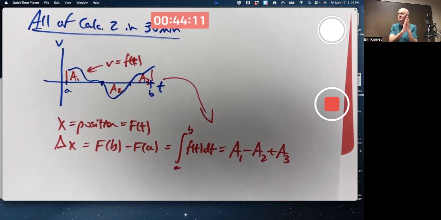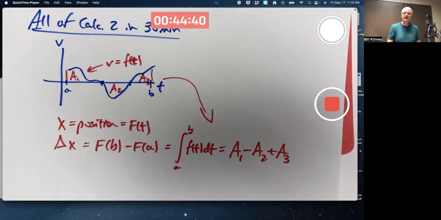You can prove, it's a senior level kind of math major proof, that if your function is continuous, such a limit will exist, and in fact, even be consistent no matter how you construct your Riemann sums, whether you do left-hand rule, right-hand rule, midpoint rule, or even arbitrary sample points in each subinterval. It won't matter if the function's nice. So it's a very solid concept in terms of defining the areas.